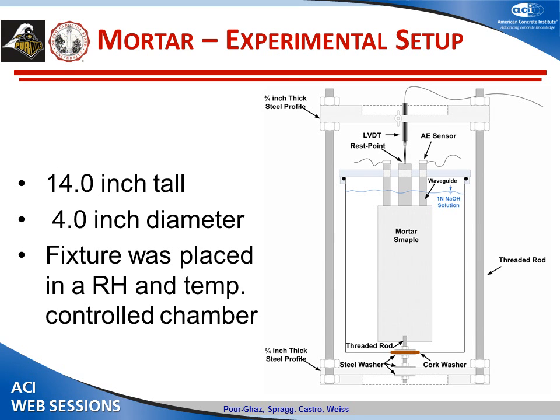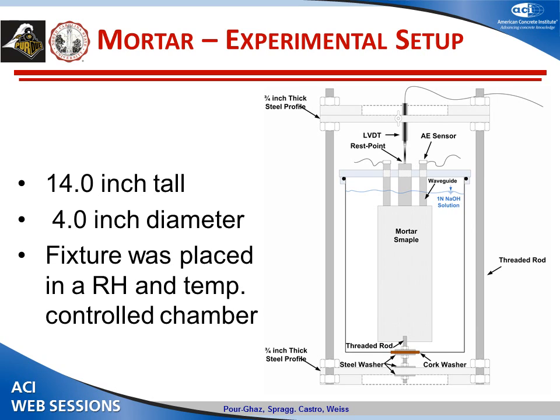This is the test setup that we have for using acoustic emission. We have a cylindrical sample here that has a 4-inch diameter. I will discuss the implication of the dimensions of the sample later. It is 14 inches tall, and we have 2 acoustic emission sensors installed on top of 2 pieces of steel that we call the waveguide.